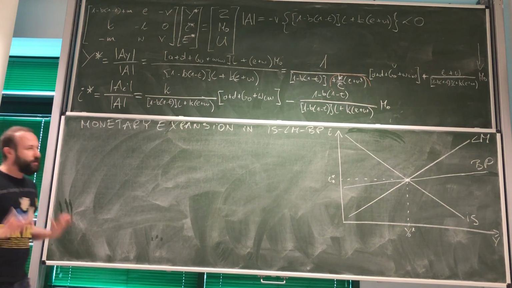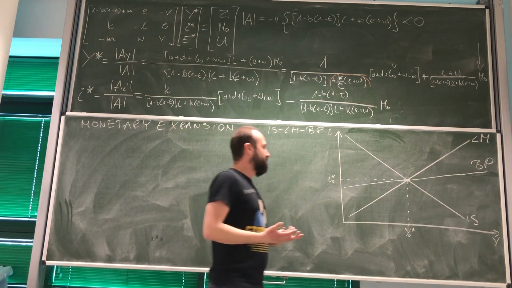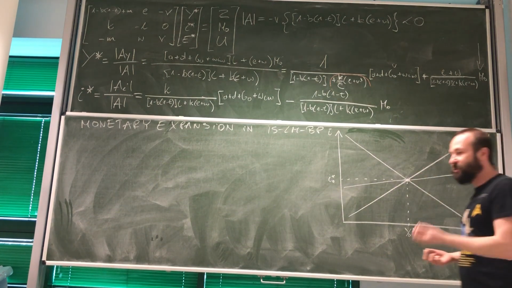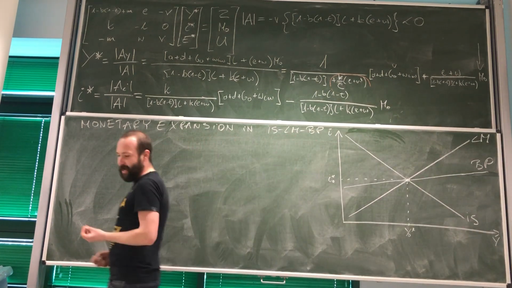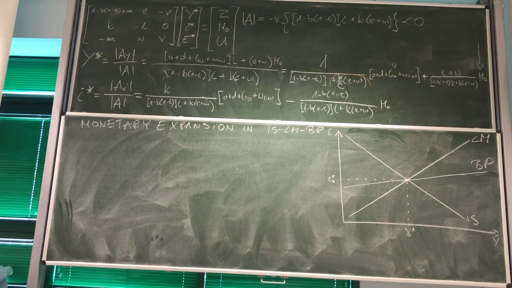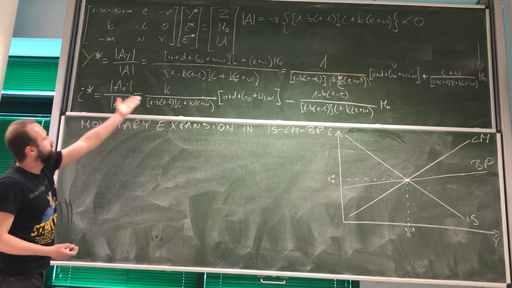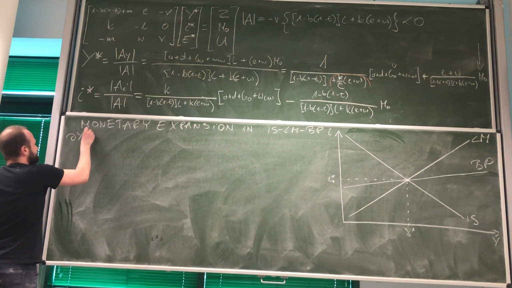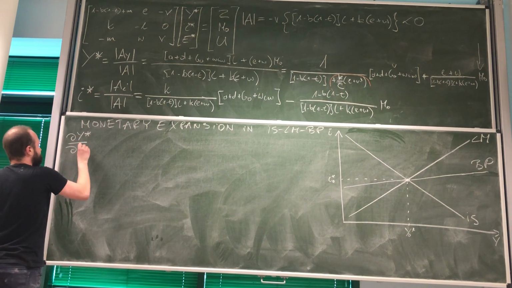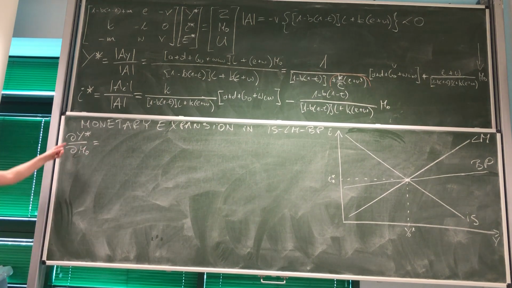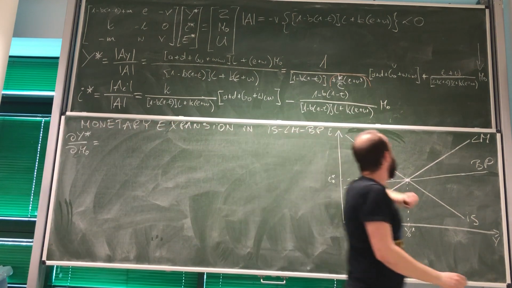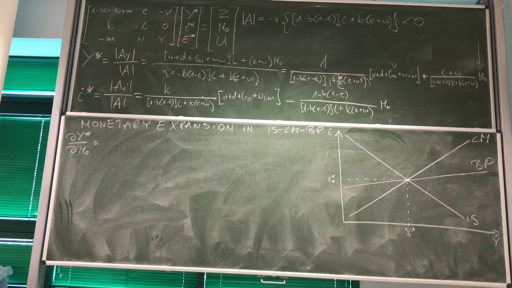So what we want to see now is what happens if central bank decides to increase money supply. So first thing, of course, we need to calculate comparative static derivatives. So what happens to equilibrium exchange rate, the equilibrium level of income, if central bank is increasing money supply?